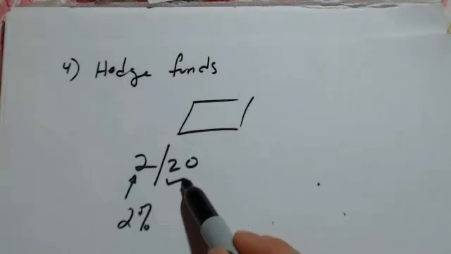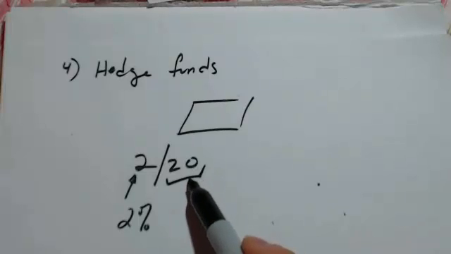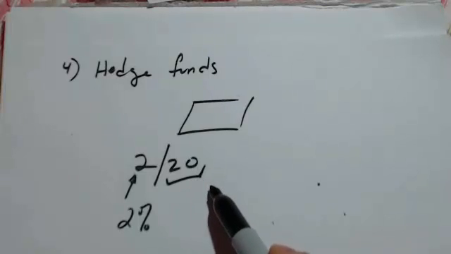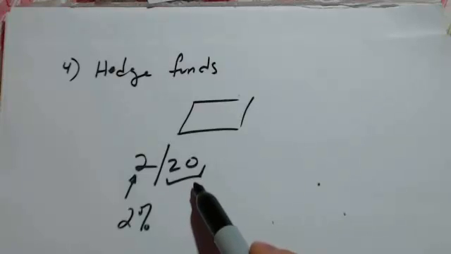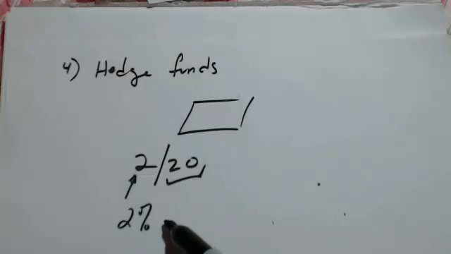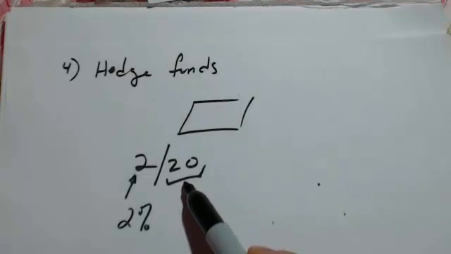And they'll also take a performance fee of 20%, which means on any capital gains above what's called a high water mark, 20% will be skimmed off by the managers, which gives the managers a lot of incentive to outperform the market, because they get rich when they outperform the market.